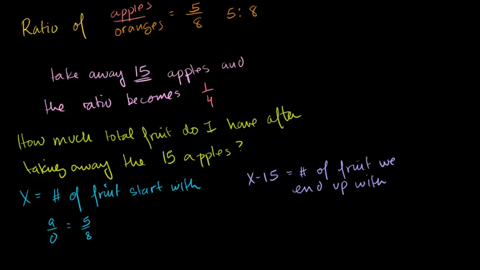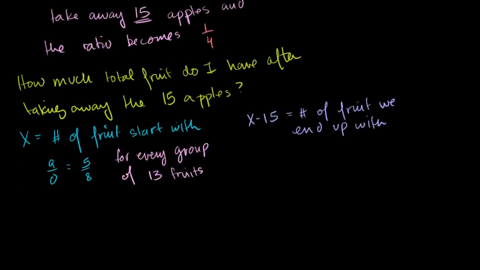That's just another way of saying that for every group, assuming we can divide our group of fruit into a set of groups where every group has the same number of apples and oranges, for every group of 13 fruits, there are 5 apples and 8 oranges. That's what this tells me.